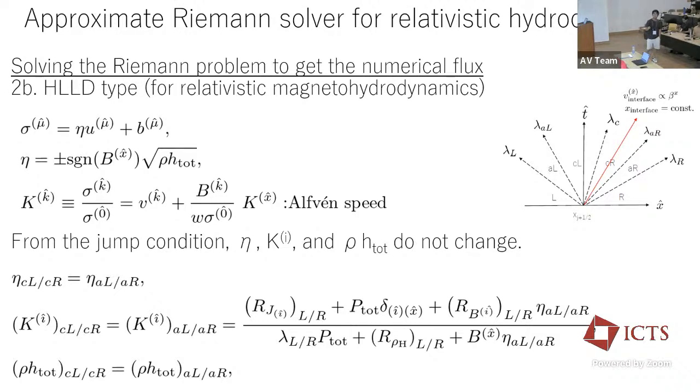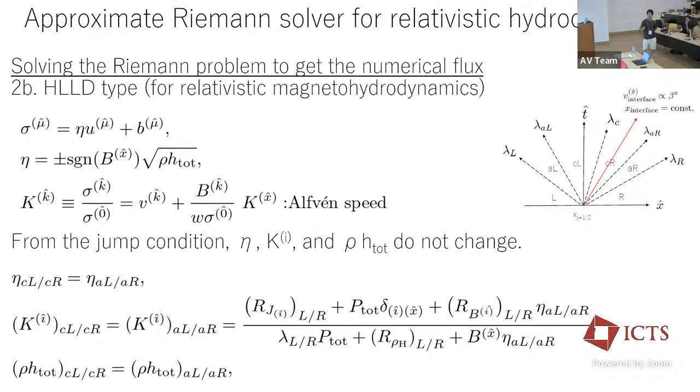If you define the upper K by using this sigma 1, this expression is reduced to this one, and you can realize Kx is nothing but the Alfvén speed in the x direction.